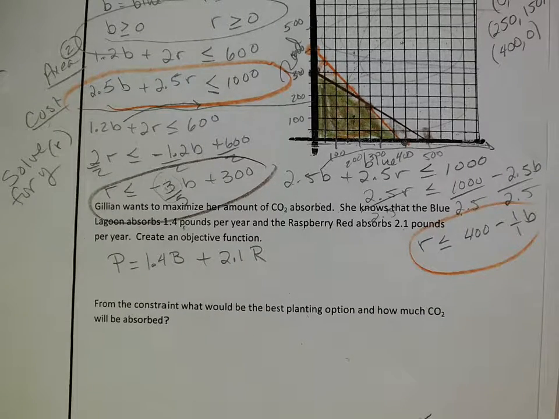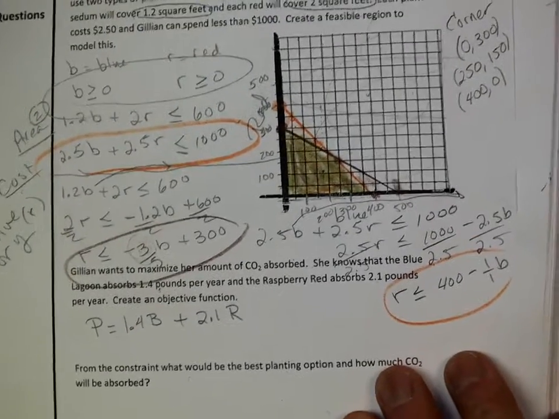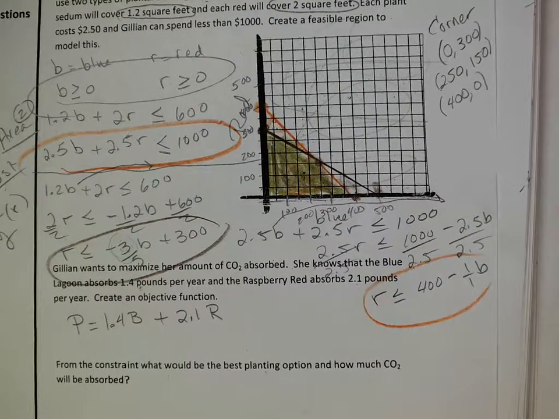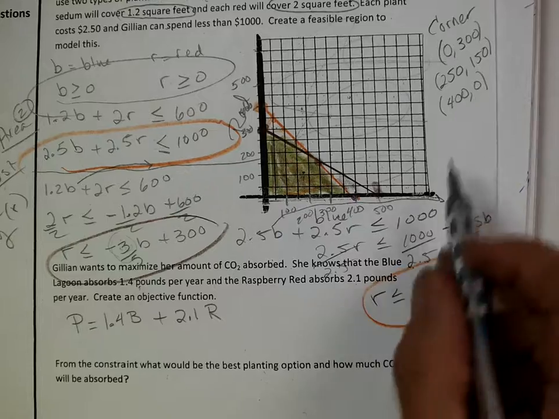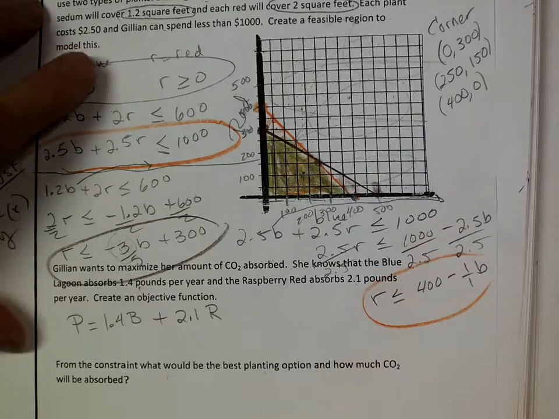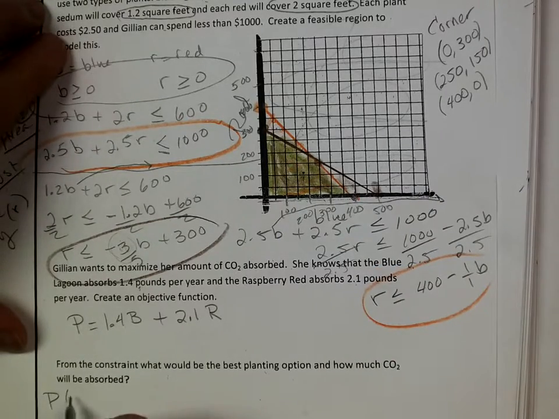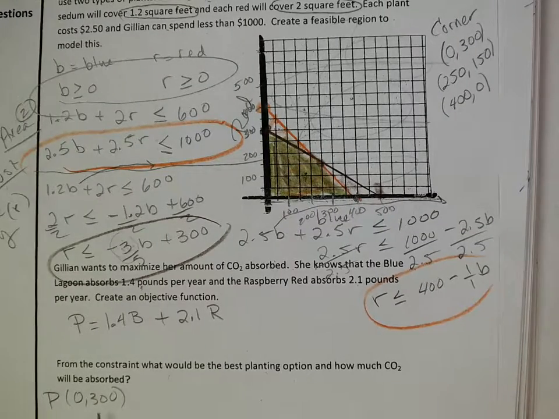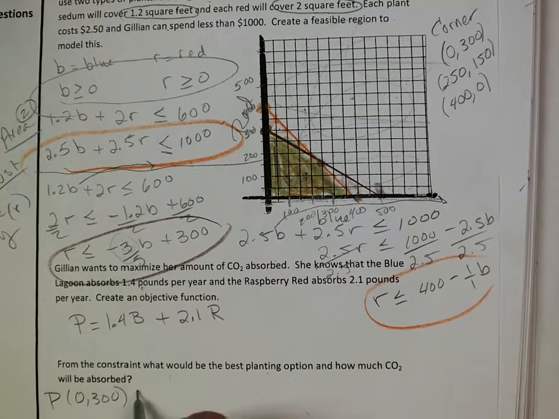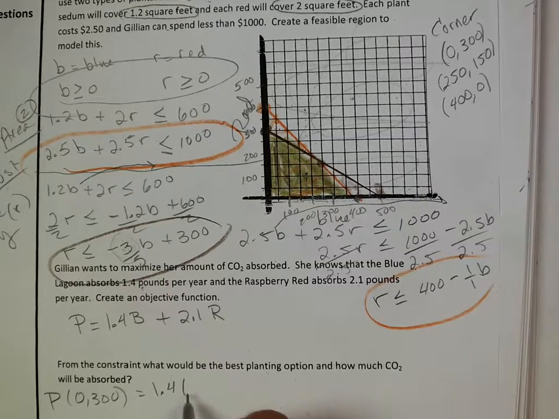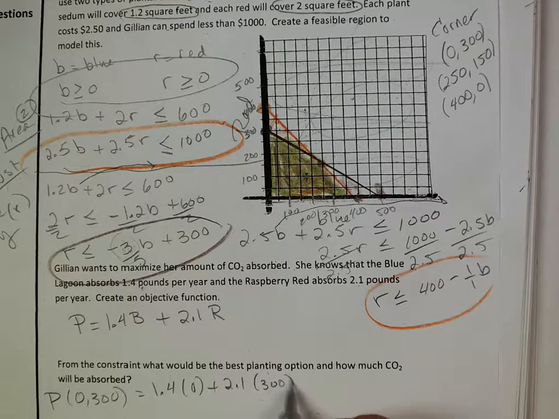Now, she's going to go out and buy some flowers. So if she buys the first corner point at 0, 300, let's go P of 0, 300, which represents 0 blue, 300 red. Let's find out how much carbon it's going to absorb. So we'll take 1.4 times 0 plus 2.1 times 300. So what did I do?